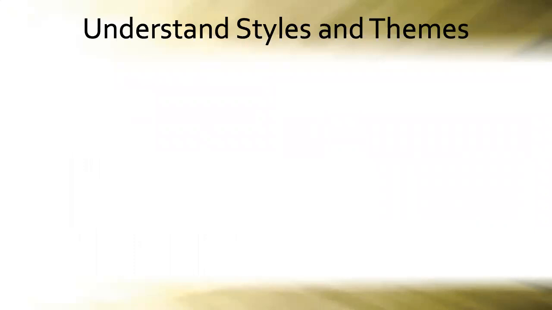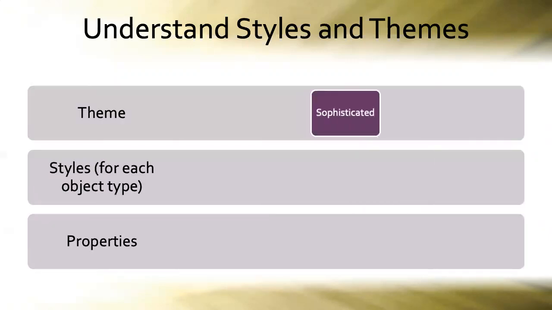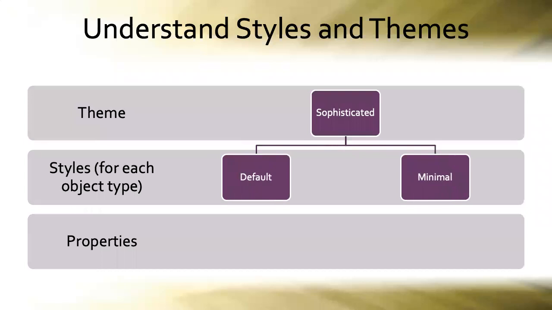objects. Now, if you want to look at this in a hierarchical kind of structure, we can look at it this way. A layout could have a theme applied to it called Sophisticated. That theme includes styles, potentially many styles, for each object type. I've just shown a couple here for the sake of space.